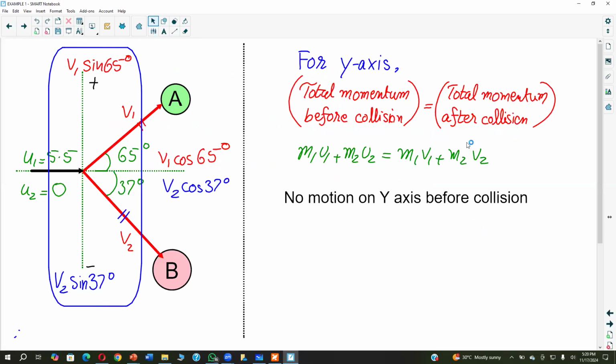Now I have highlighted the y-axis. Look at the y-axis situation. A big box I have made on the y-axis. Sir, there was no momentum before collision, so before collision will be zero. There is no motion. Two.